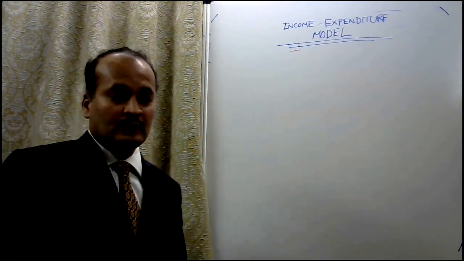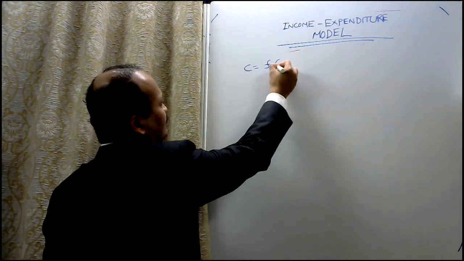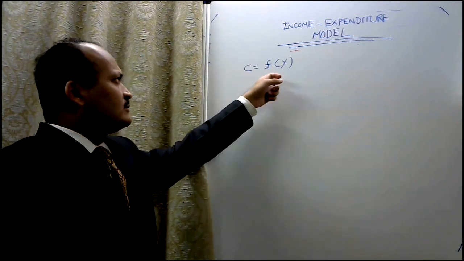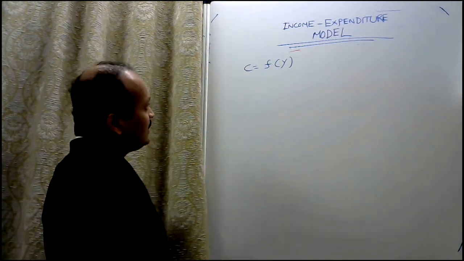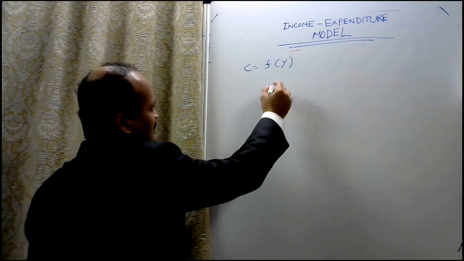So if I model C as a function of Y, where C is my aggregate consumption and Y is the GDP, let us discuss the consumption function a bit.